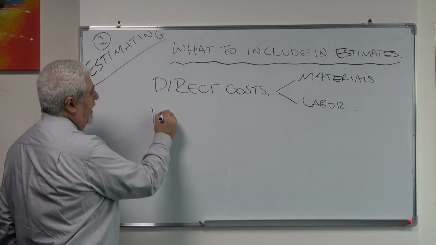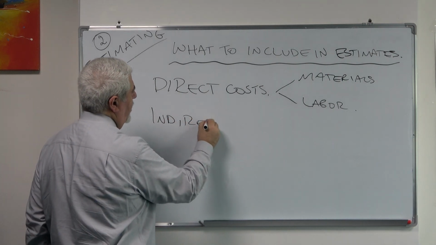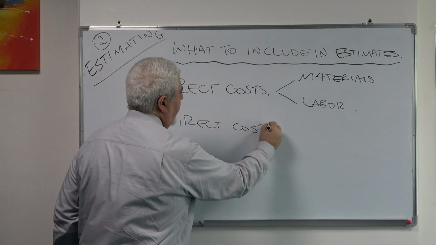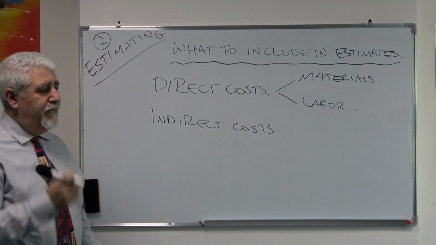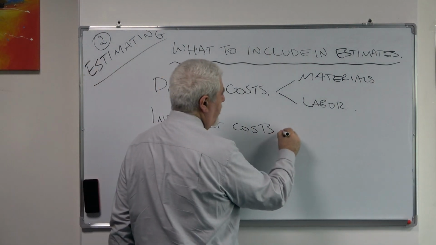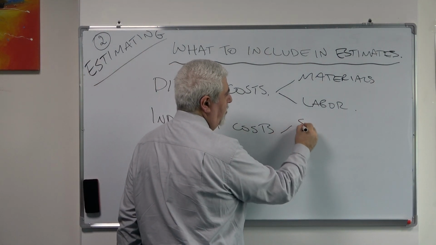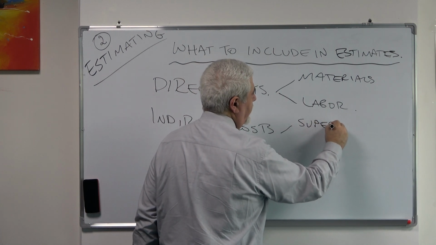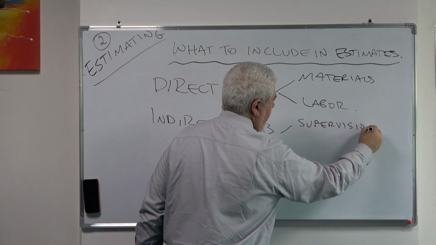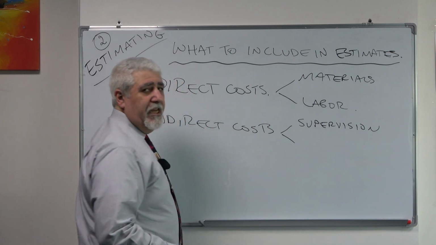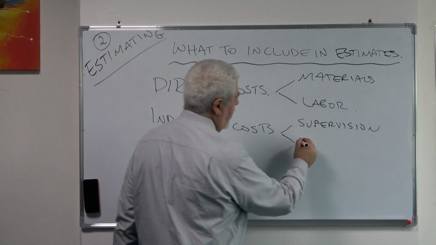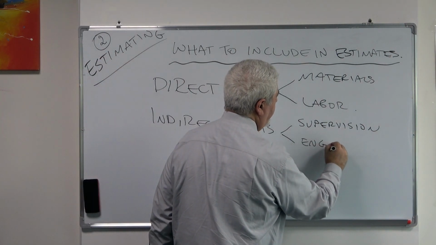Then we have indirect cost. Now these could vary from one organization to another, but usually these include maybe supervision cost. In engineering construction projects, some would include engineering cost here.